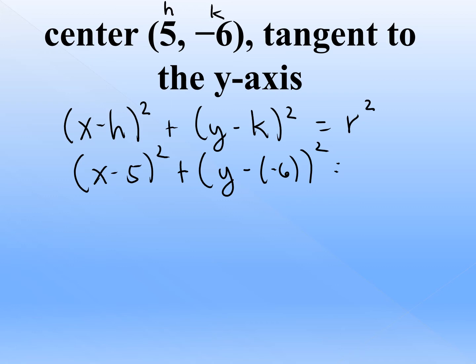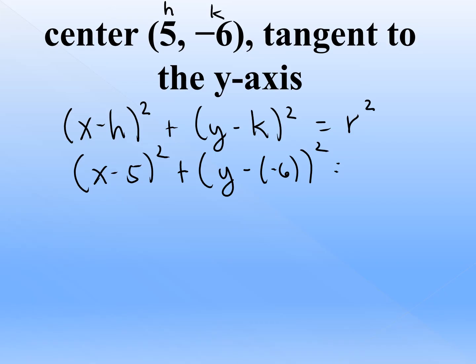If it is tangent to the y-axis, we will just simply use the value of h. If it is tangent to x-axis, we will be using the value of k. Again, I'm going to repeat.